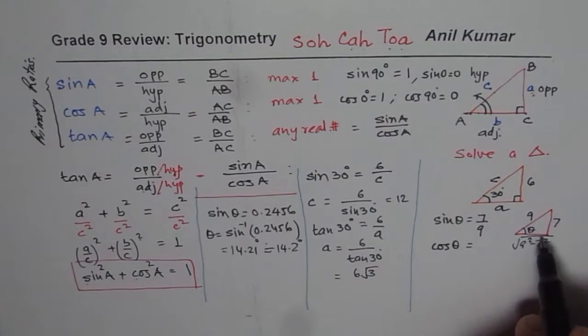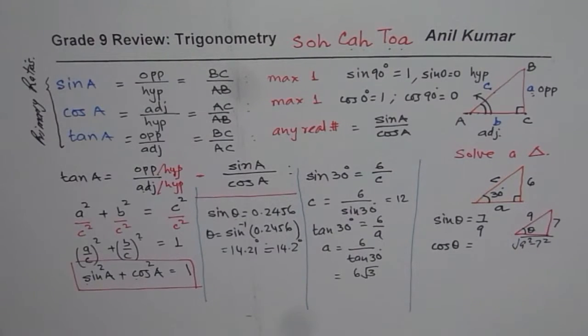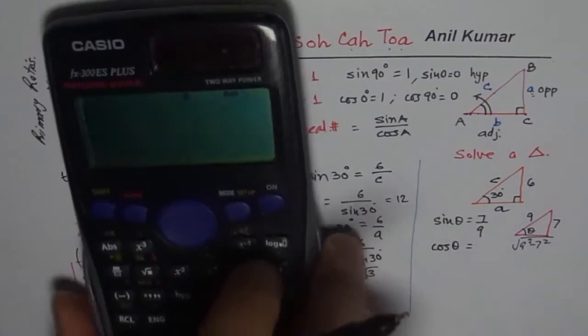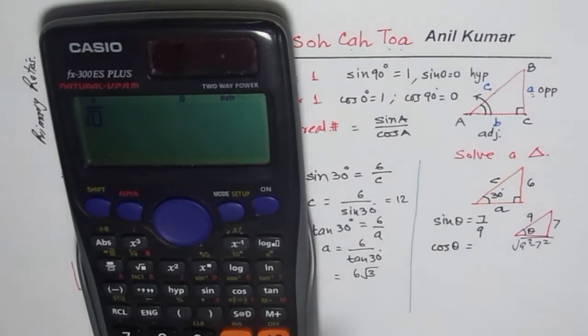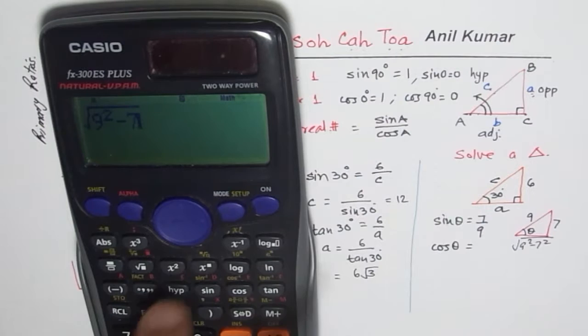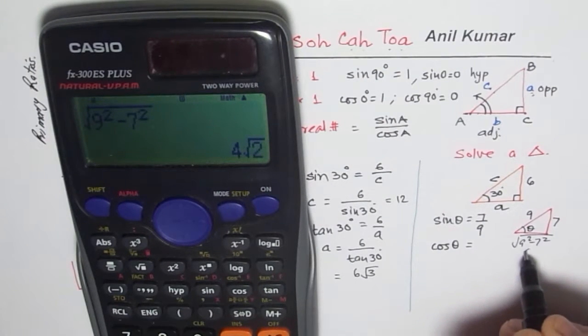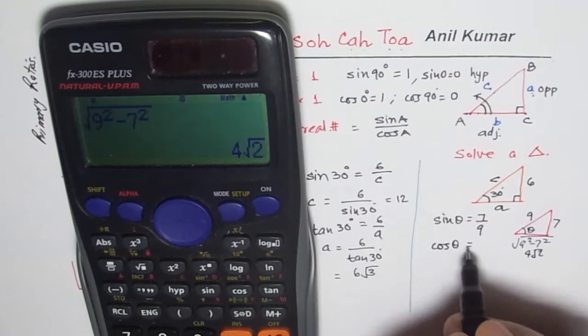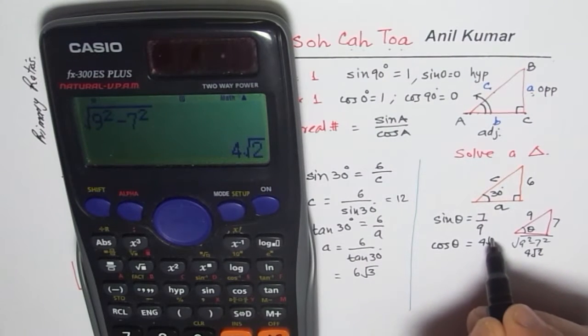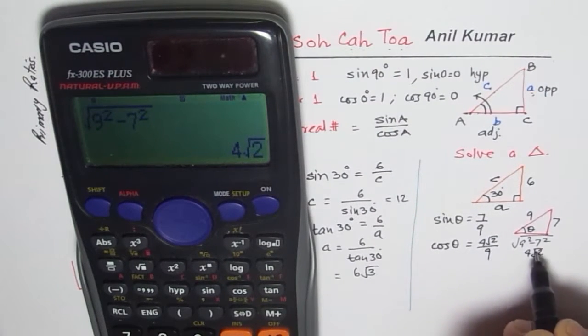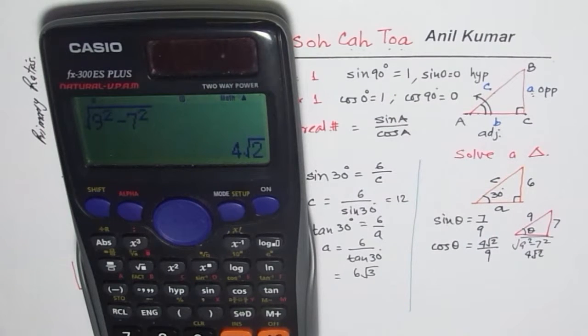Let me calculate this for you. We have the square root of 9 squared minus 7 squared, which equals 4 square root 2, right? So this side is 4 square root 2, and therefore cosine theta is 4 square root 2 over 9. The ratio of these two sides gives our answer.